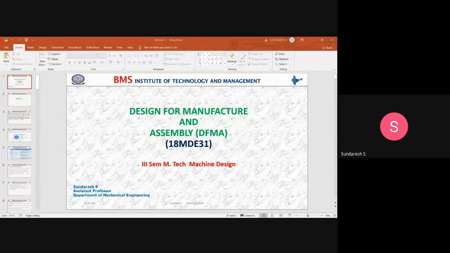As a design engineer, you should know where you can reduce the cost. Reducing the cost means you have to look out for newer materials which are less expensive than the material you are using at present.